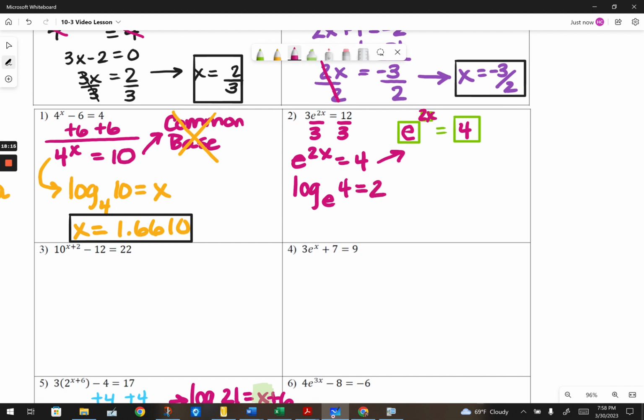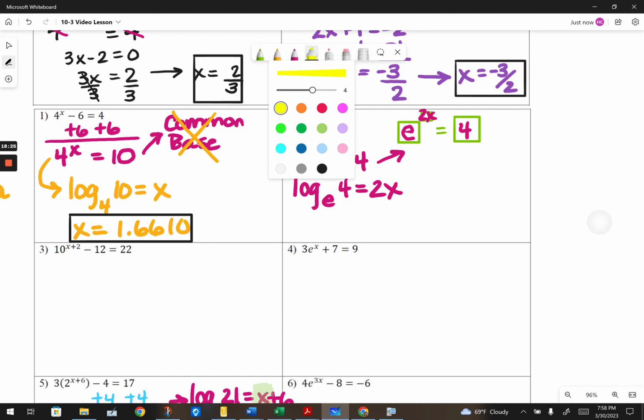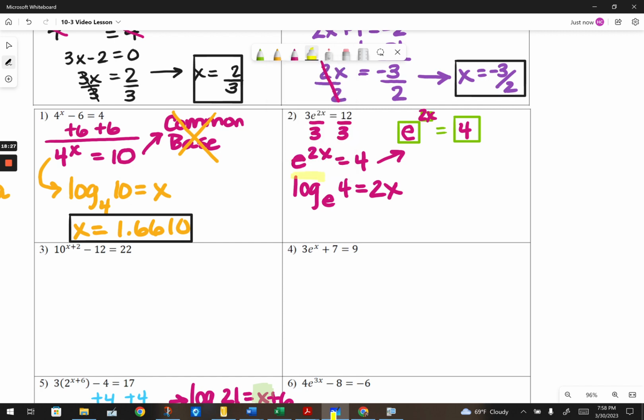Okay, now I need to solve for x. Before I do so, I want you guys to recall that we had a discussion before that anytime you see log base e, you will rewrite that as ln, which is natural log of 4 equals 2x.